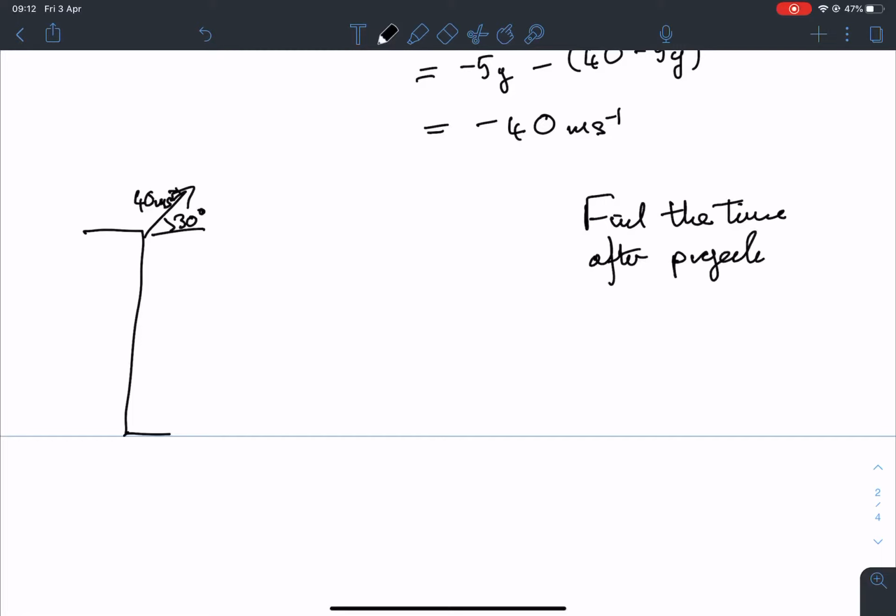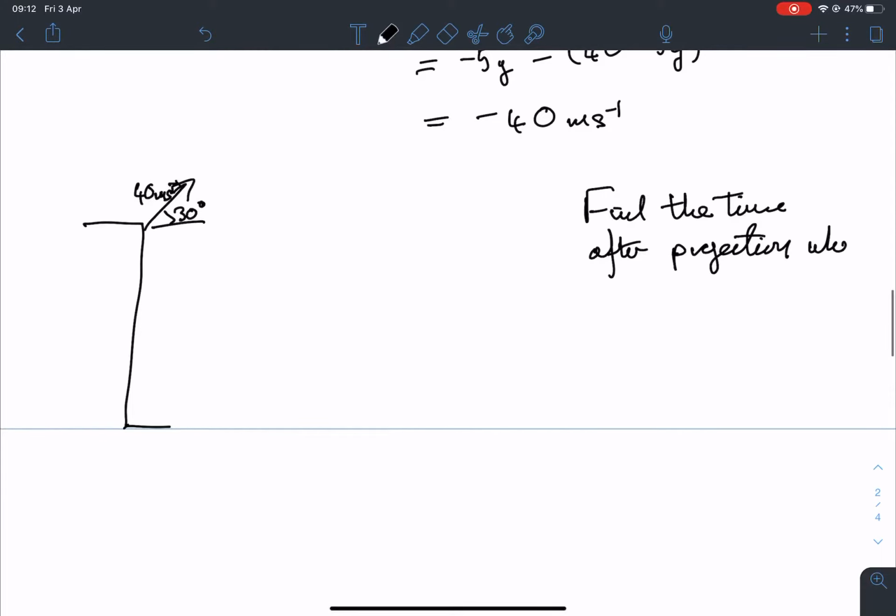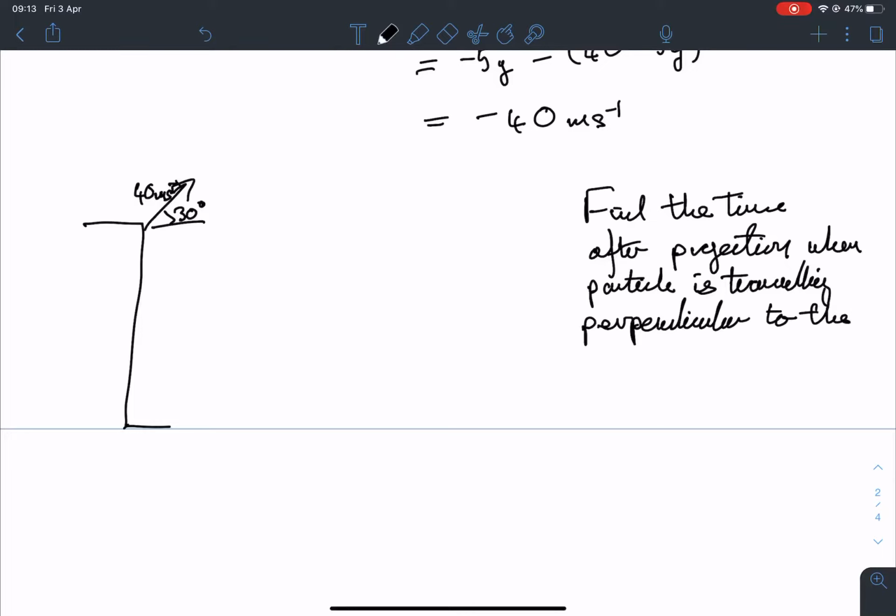The velocity of A relative to B is equal to vA minus vB, so we've got minus 5g minus (40 minus 5g). That gives minus 40 meters per second as the relative velocity when they collide. In other words, their relative speed will be 40.